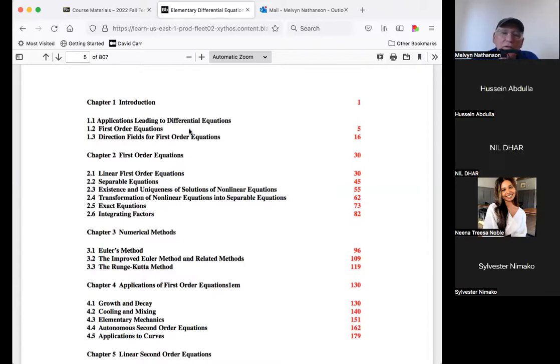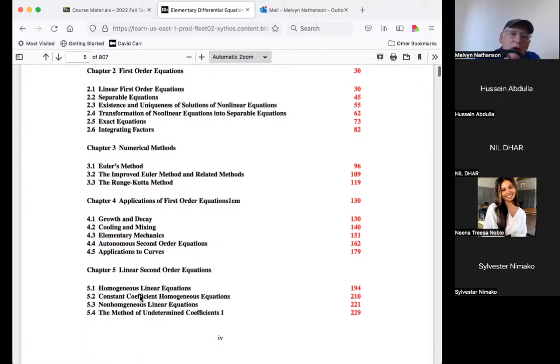Monday is Labor Day, so there's no class. Then we start chapter 2 on first order equations. The most important section is section 1 on linear first order equations, and we'll learn how to solve them. Linear equations come up very often in applications, and we will look at numerous examples of them.